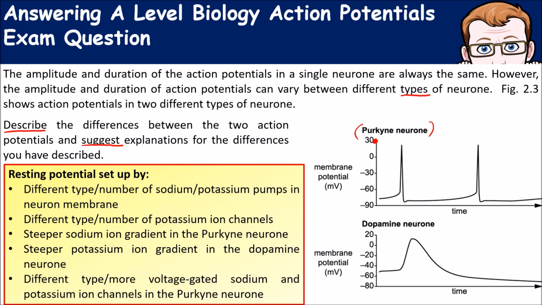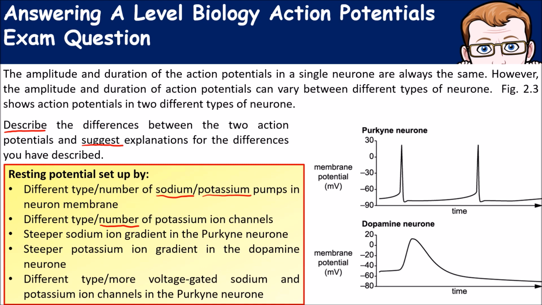You can then talk about the fact that our resting potential is set up by a number of different sodium and potassium pumps in the neural membrane that open up or start functioning. You can then talk about the fact that there's going to be a different number of potassium ion channels in the dopamine neuron in comparison to the Purkinje neuron, which is why it's going to take longer, because it takes longer for that resting potential to be re-established.